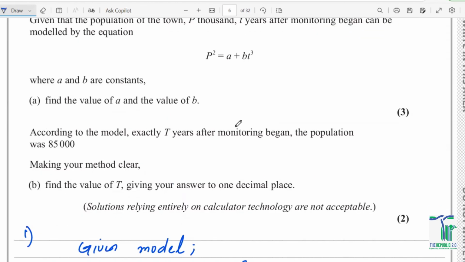According to the model, exactly T years after the monitoring began, the population was 85,000. We're going to keep it 85, because we're just skipping the 1,000 part. Making your method clear, find the value of T, giving your answer to 1 decimal place.